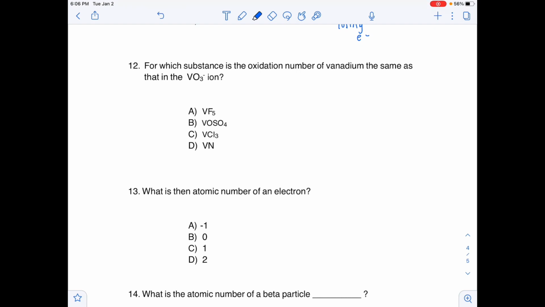For 12, it says, for which substance is the oxidation number of vanadium the same as that in the VO3 minus ion? So we can look at this first option, VF5, and we see that fluorine has a -1 oxidation number, and there's 5 of them, and the whole thing has to equal 0. So we can do x minus 5 equals 0, and that gives us x equals 5.